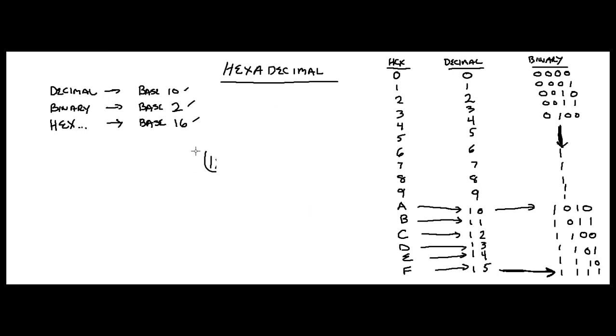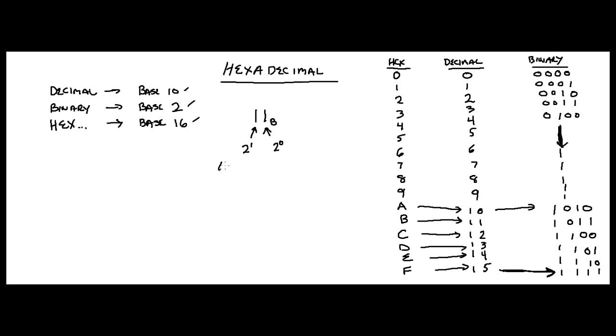So let's do this here now. Let's write 11 in binary. You notice how I wrote a B instead of a 2? It means the same thing. Well, this digit is equal to 2 to the 0. This digit's equal to what? 2 to the 1.